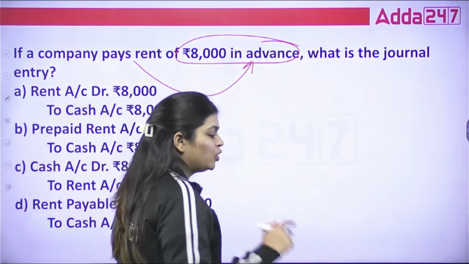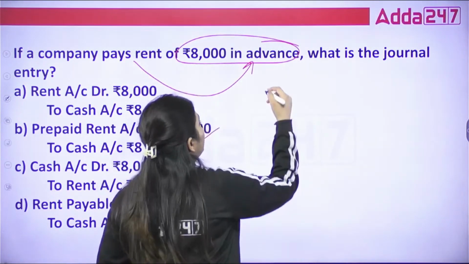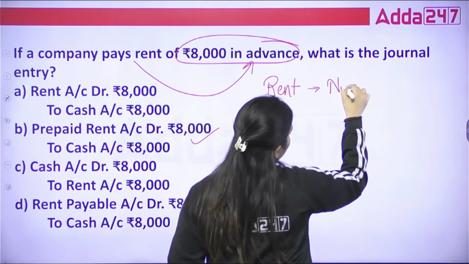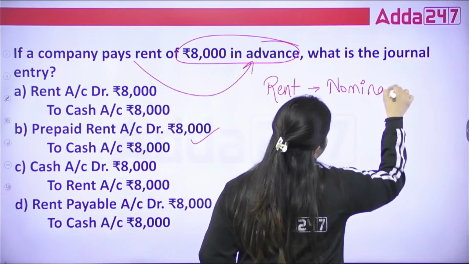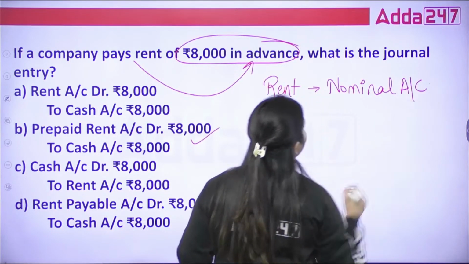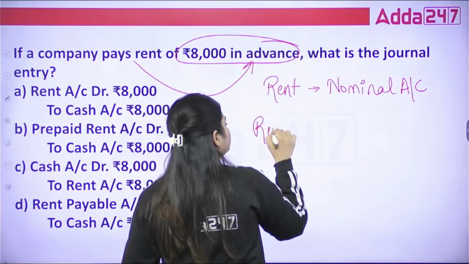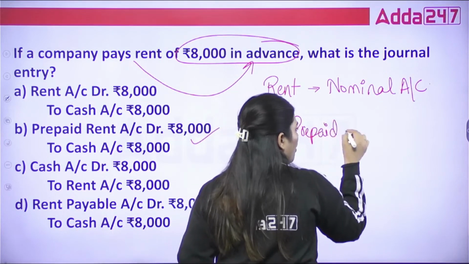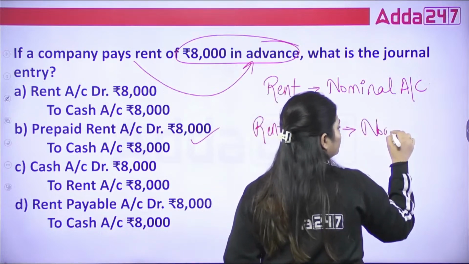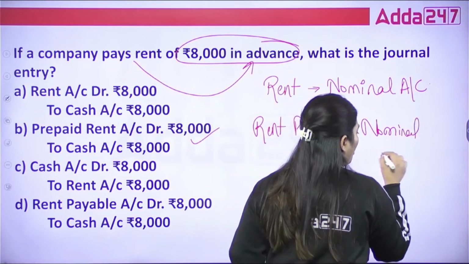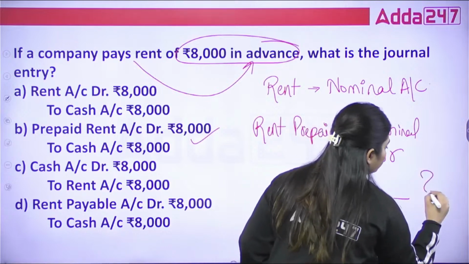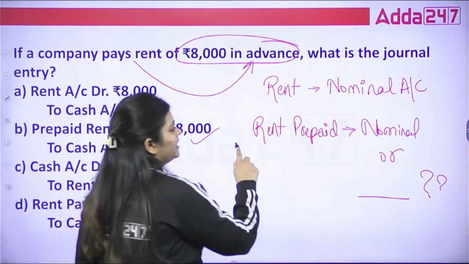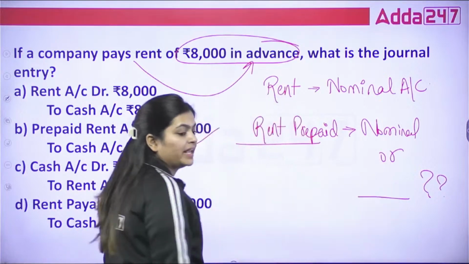Now my question is: rent is your nominal account, but is prepaid rent also a nominal account, or something else?